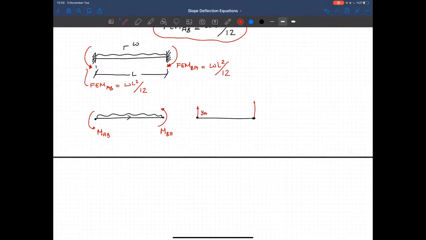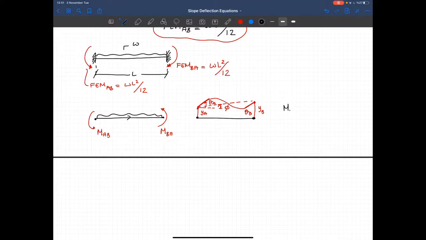YA, YB, so this angle, remember that, measured in counterclockwise direction, that's the chord rotation, and the deformations theta A, theta B, and this is the deformed shape. So a member in this form, loaded with a uniformly distributed load, has the following deformed shape.